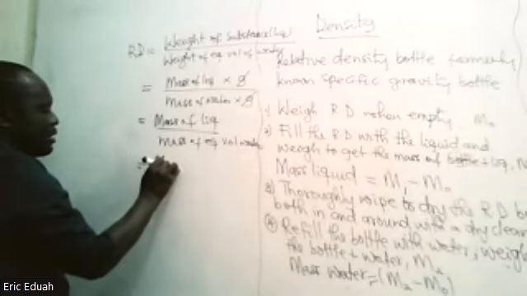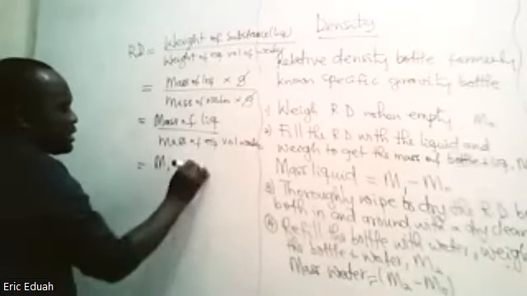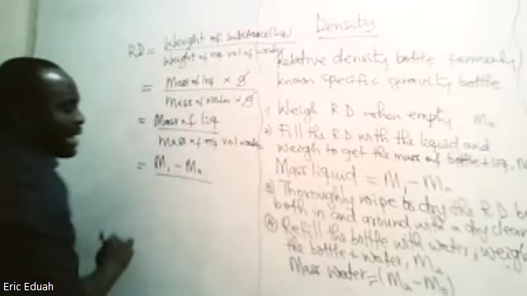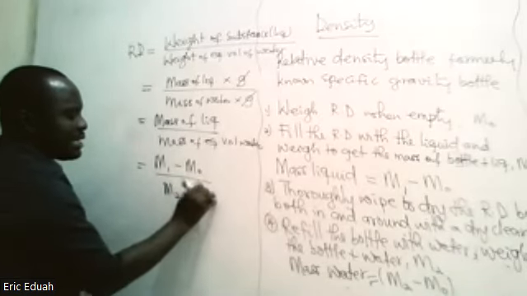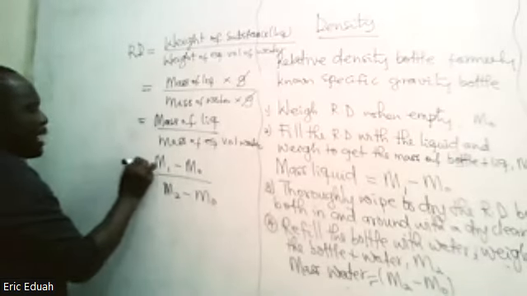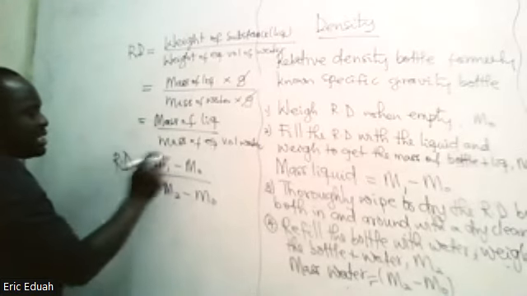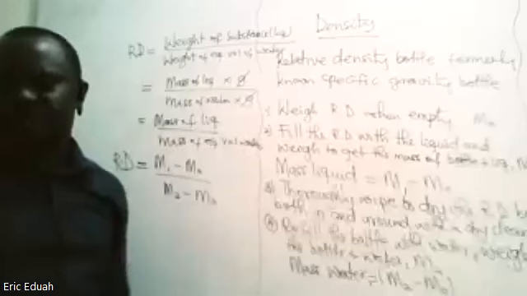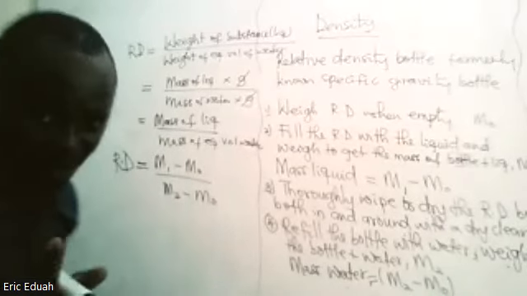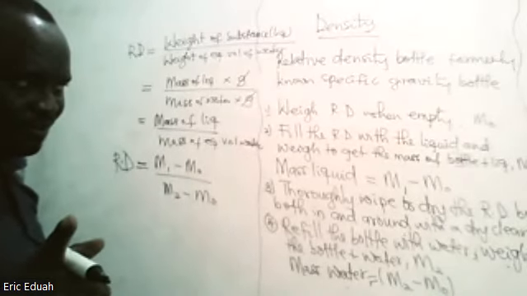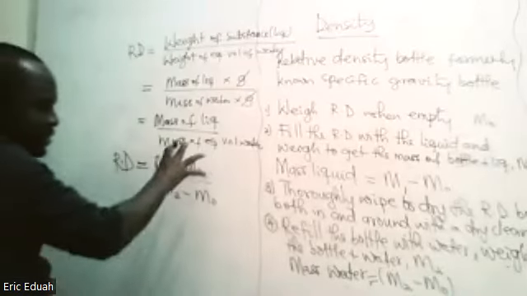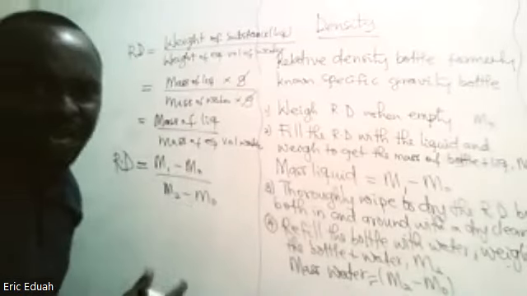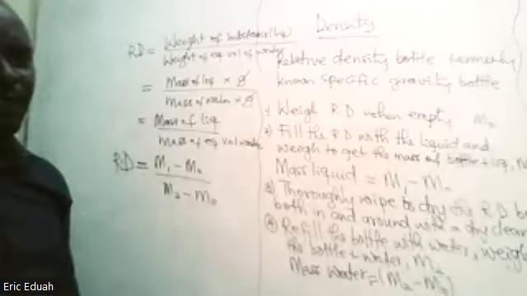So M1 minus M0 divided by the mass of equal volume of water, which is also M2 minus M0. By considering this ratio, we can determine the relative density of the liquid.